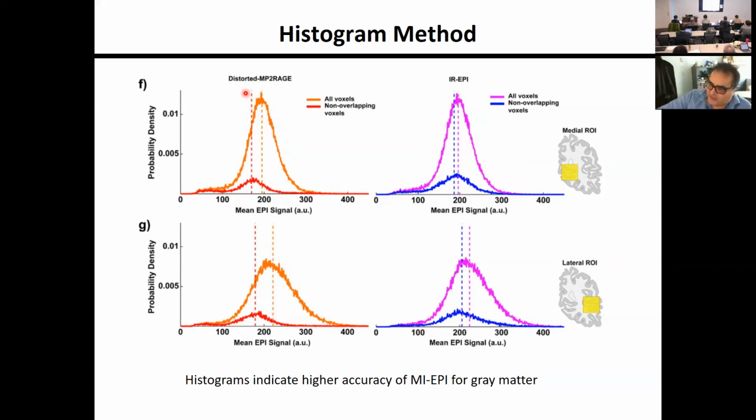But in order to evaluate the registration accuracy, for this one we applied the inverted operator on the MP2RAGE, to distort the MP2RAGE into the EPI space. So to have the gray matter mask from the MP2RAGE in the EPI space, and the inversion recovery is already in the EPI space.